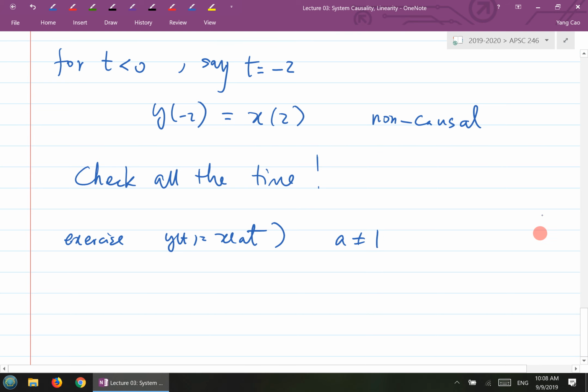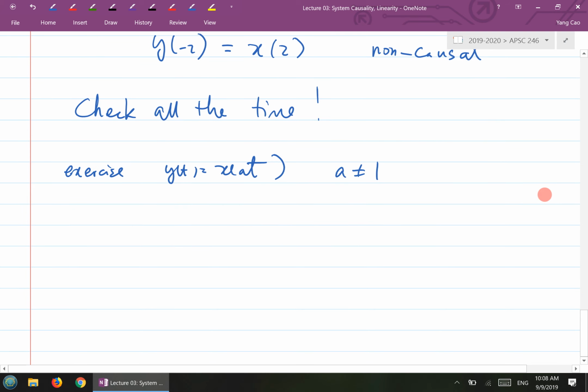There will be some additional exercises when I finish a certain number of chapters, and I will post them on Canvas. There will be more exercises relating to causality, and next to linearity and time-variant, time-invariant systems. So you'll have more opportunity to practice.